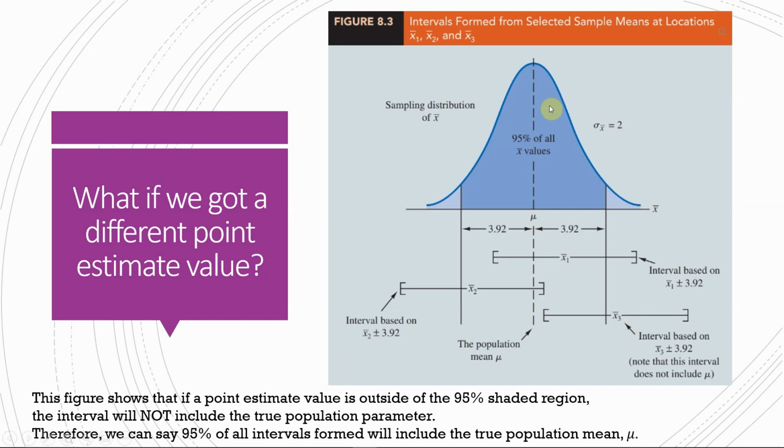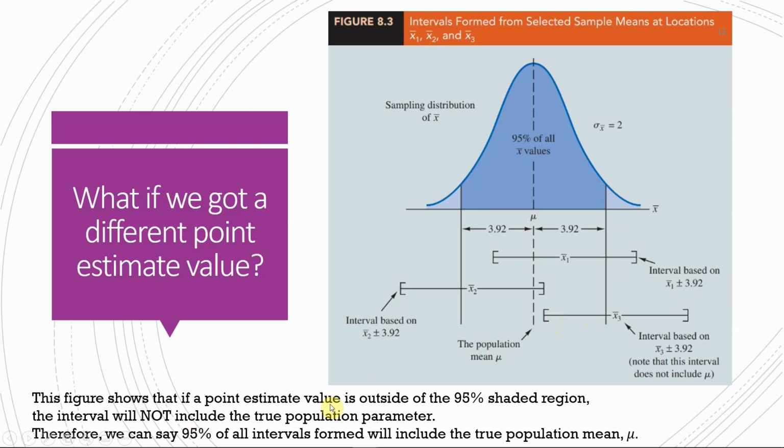Well, we've been working with 95%. This figure shows that if a point estimate value is outside of the 95% shaded region, the interval will not include the true population parameter. This one, x3, is outside of that shaded region, so it's not going to include the true population parameter.